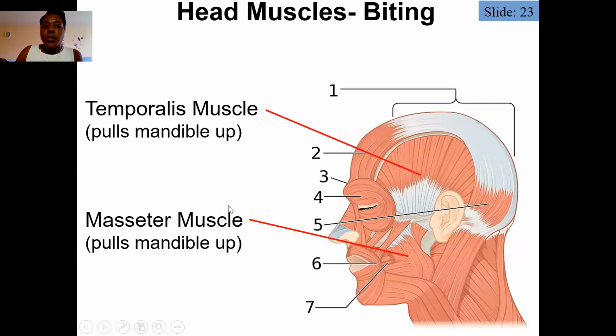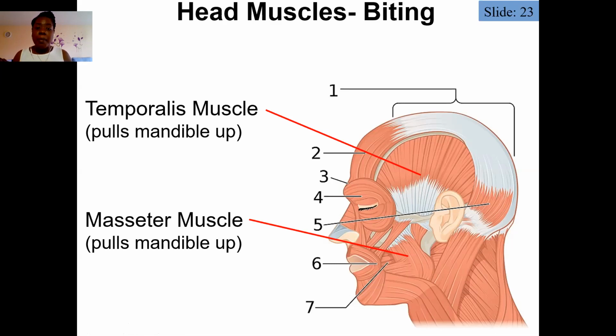The last structures we'll talk about are the muscles. So some of our facial or head muscles: the temporalis, which is this large fan-shaped muscle associated with the temporal bone, is really important in our function of chewing and biting and eating.